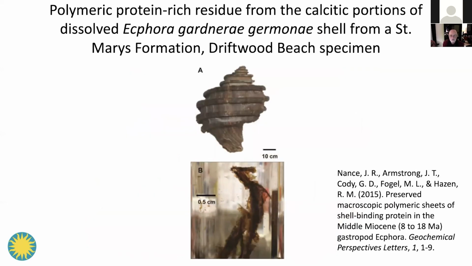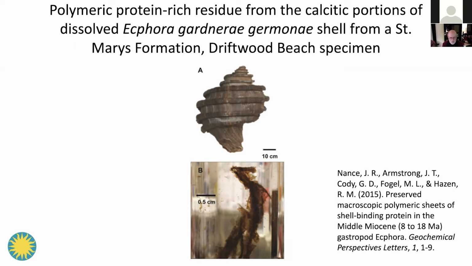And in fact, John Nance from the Calvert Marine Museum has been able to isolate this soft hamburger-like tissue. I refer to it as hamburger because it's reddish in color, no one knows why, from the Ecphora, a 12 million year old snail from Calvert Cliffs.